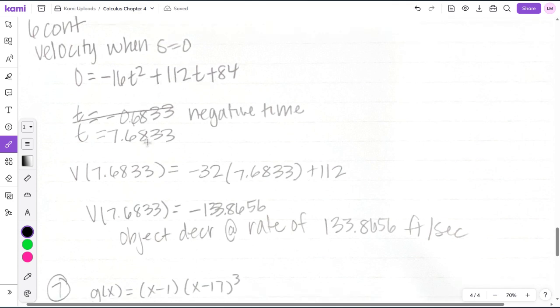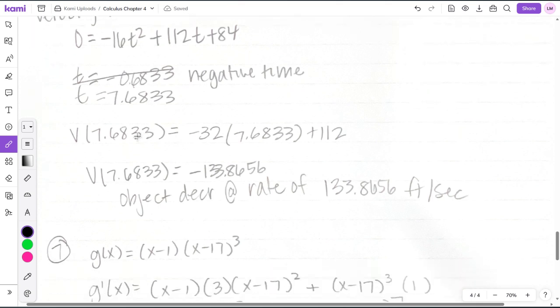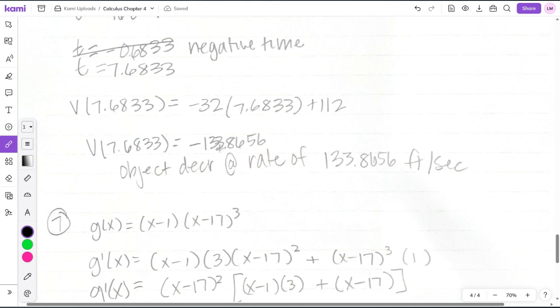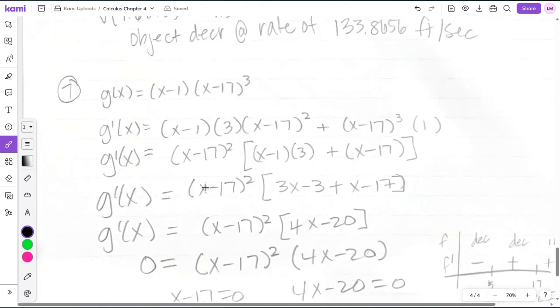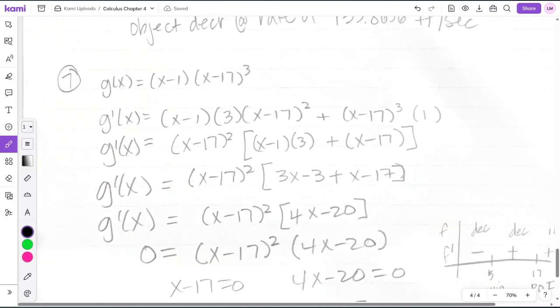I graphed it and pulled the 2 times because that's what I need to plug into the derivative. Plugged into the derivative, and I got -133. We'll call it -133.9. So this object was decreasing at a rate of 133.9 feet per second at 7.7 seconds.